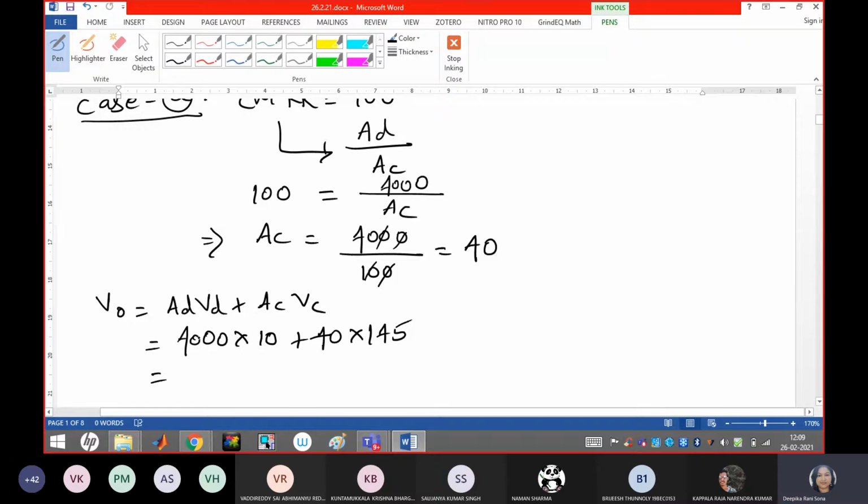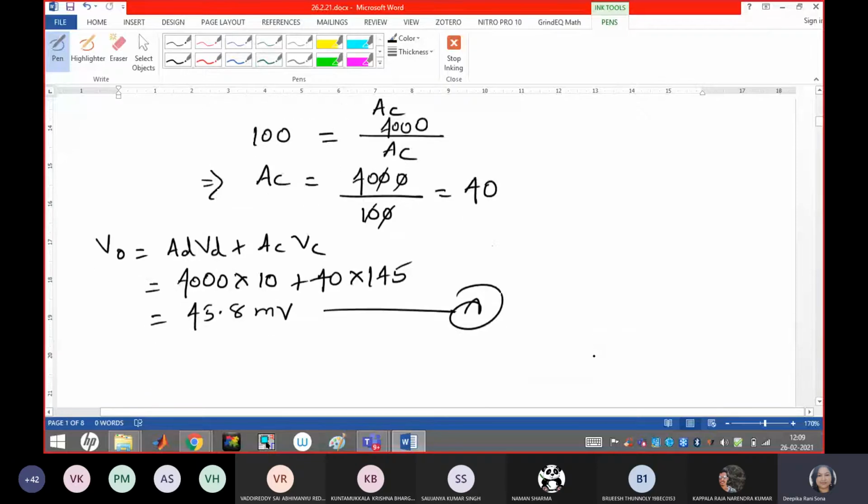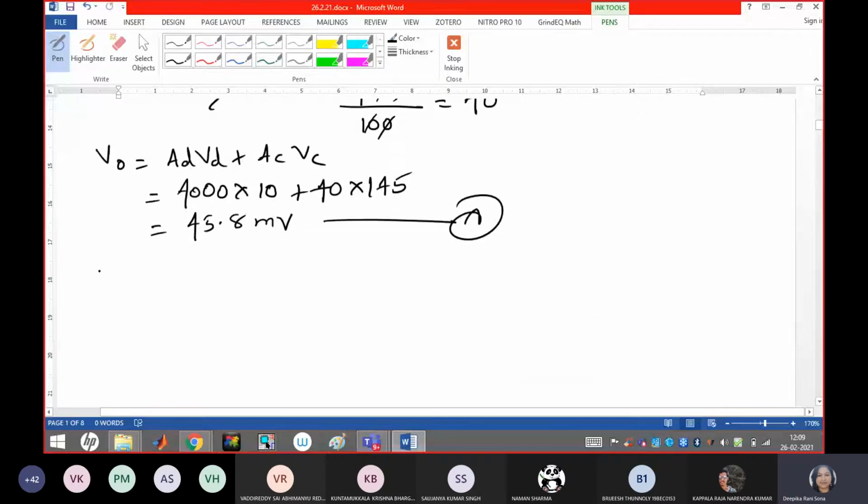Guys, calculate and tell me. The answer should be in millivolt. 45.8 millivolt. Yes. Similarly, calculate the V0 for case 2 when CMRR is 10 to the 5.